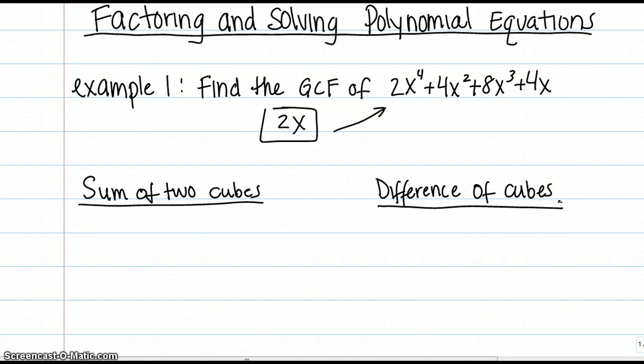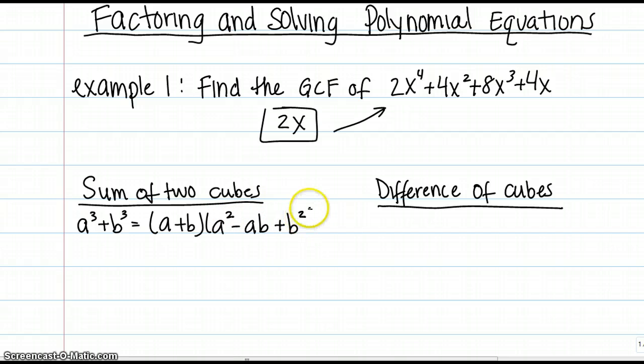The sum of two cubes just says that any sum of two cubes, a and b, equals, when you factor it, a plus b times a squared minus ab plus b squared. So it's just a formula to help us factor the sum of two cubes.